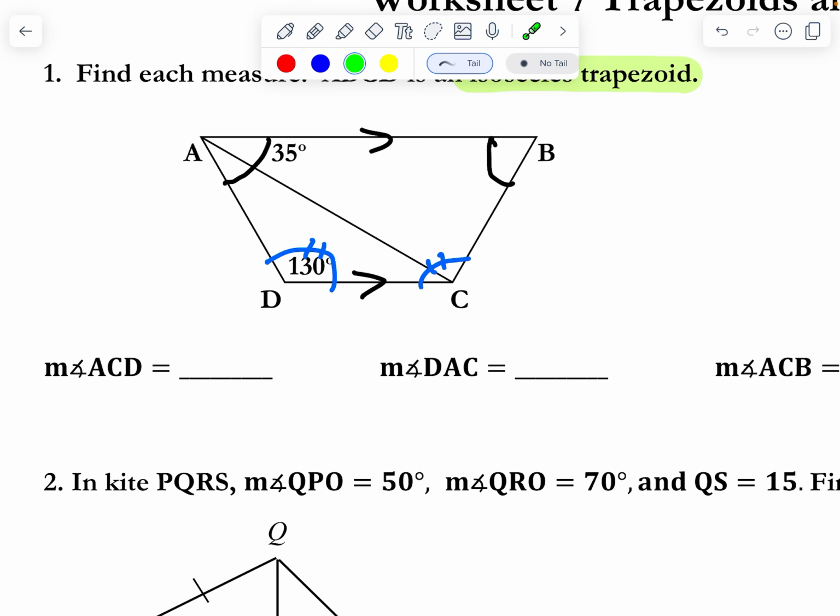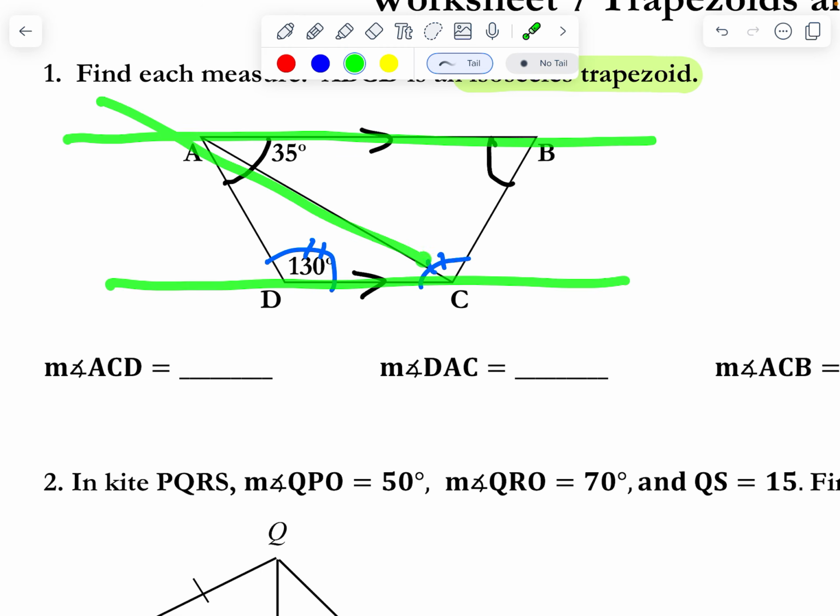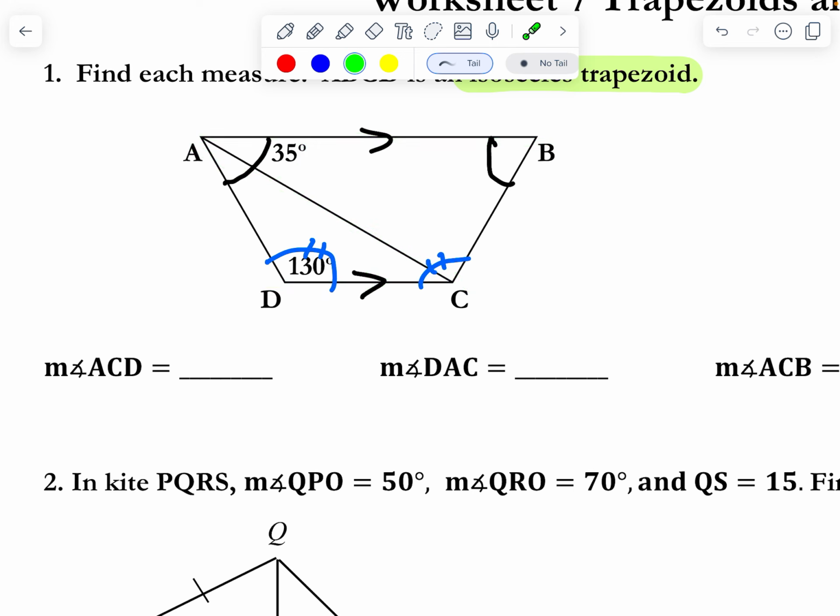Well, we should already know automatically what angle this is. The reason we should automatically know this is because I've got two parallel lines here and I've got a transversal here. So therefore, I know that this angle here is congruent to this angle by the alternate interior angle theorem. We learned that a lot, what was it, semester one?